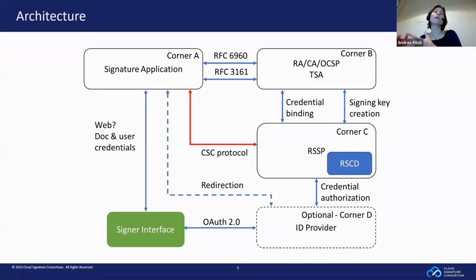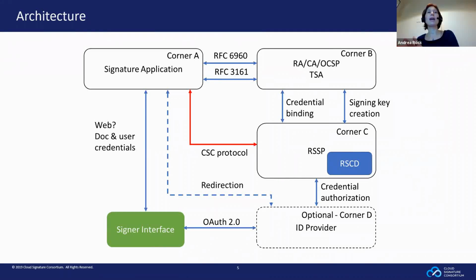In the end, the remote service will just do the cryptographic signature, meaning, for the moment, it takes the hash value of the document to be signed and signs it cryptographically with the key. It does not do anything about structure or anything else. It sends this signed value back to the signature application, and the signature application gives the signed document back to the signer. So that's the main part.